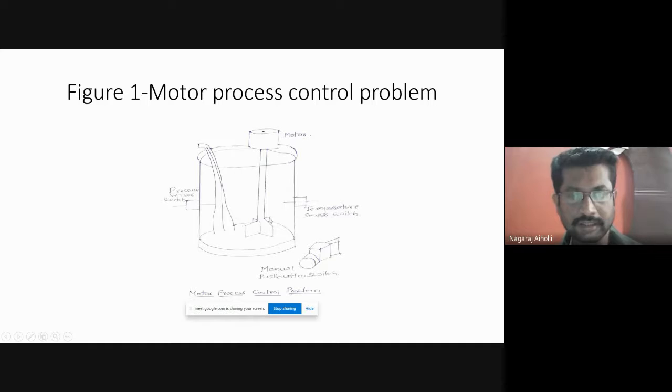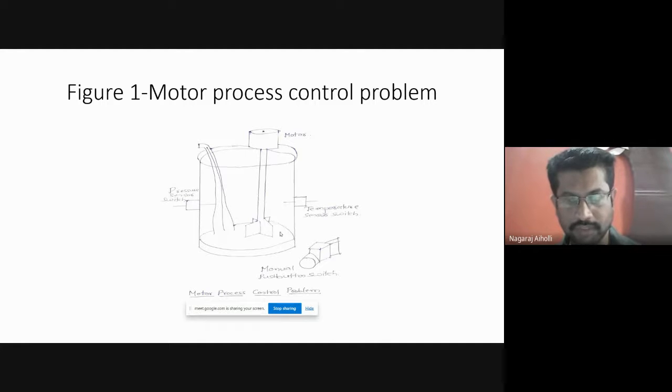Note that the stirring was also possible when the push button was operated. The motor was turned on, and that also leads to stirring of the liquid in the container. This was our process control problem.